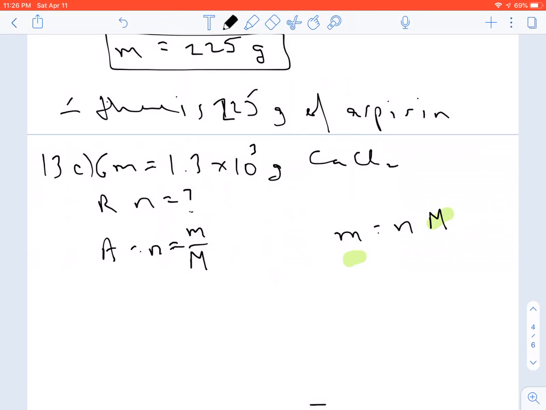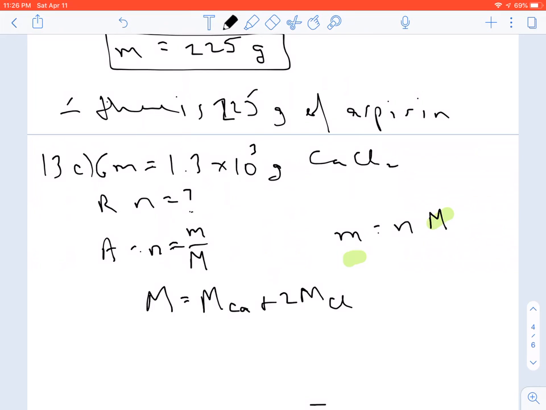Okay, but I don't know my molar mass yet, so before I can do anything, I'm going to have to calculate my molar mass. It's calcium chloride, so I need 1 molar mass for calcium plus 2 molar masses for chlorine.